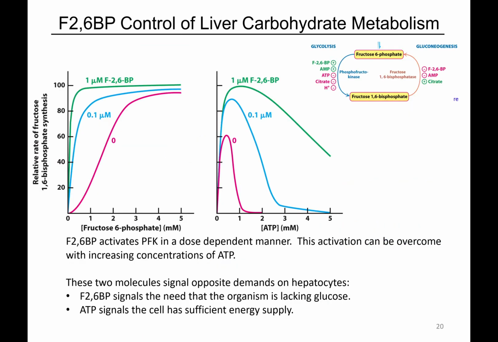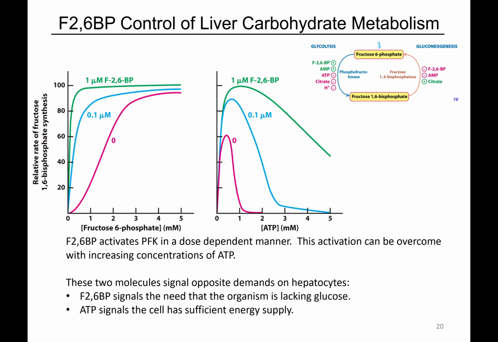And the magnitude of this is remarkable. Really, really small concentrations of fructose 2,6-bisphosphate aggressively activate PFK activity, right? We're talking about 100 nanomolar. The blue line here is 100 nanomolar, and we see massive activation. Even more so if we get up to 1 micromolar, right?